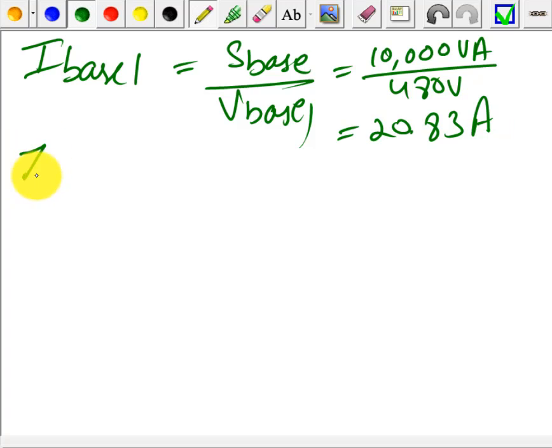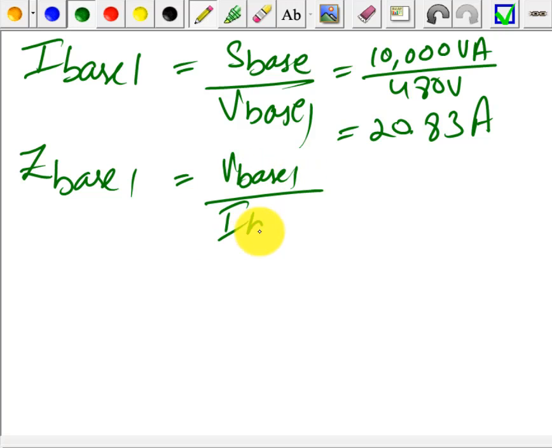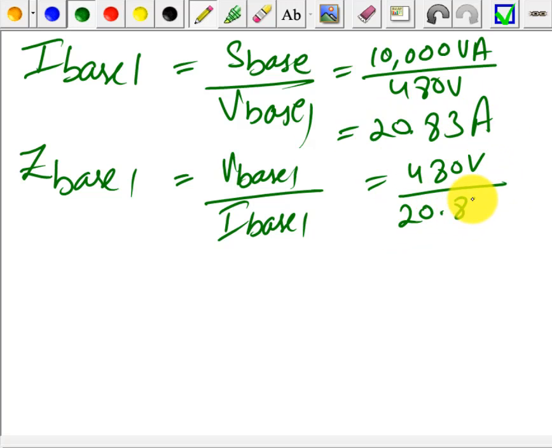Then we have Z base 1, and Z base 1 will be V base 1 divided by I base 1. V base 1 is already given, which is 480 volt, and we have calculated I base 1, which is 20.83 ampere.